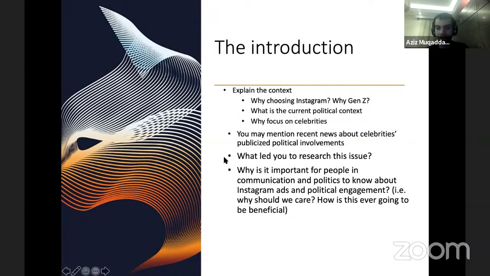Then I can explain the current context as well. We've seen a large increase in ad spending on places like Instagram, which has not been traditionally political, but it could be that it's becoming more political. And then you should talk about celebrities and politics to get people excited.